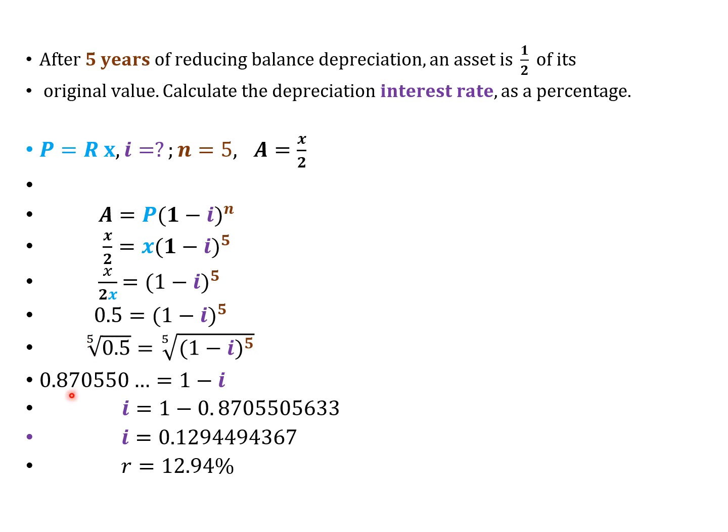The 5th root of that would be 0.870550 continuing, 5633. So if I take i across, positive i, 1 minus 0.8705505633 gives me 0.129449437. To get to the rate, we're going to multiply by 100.